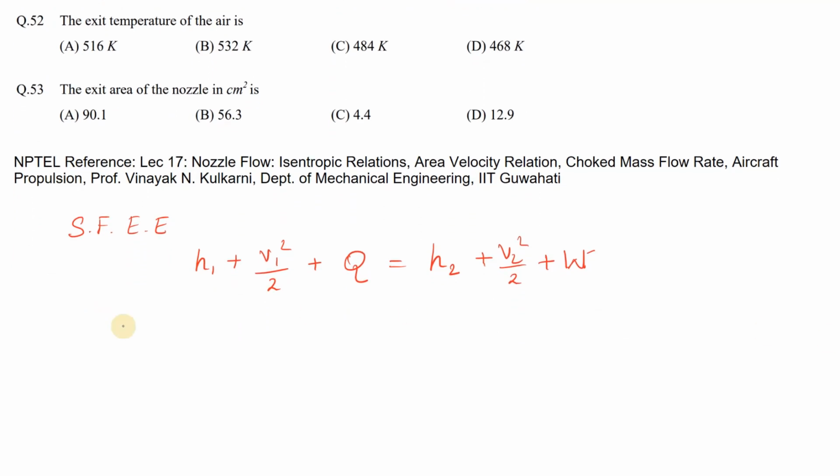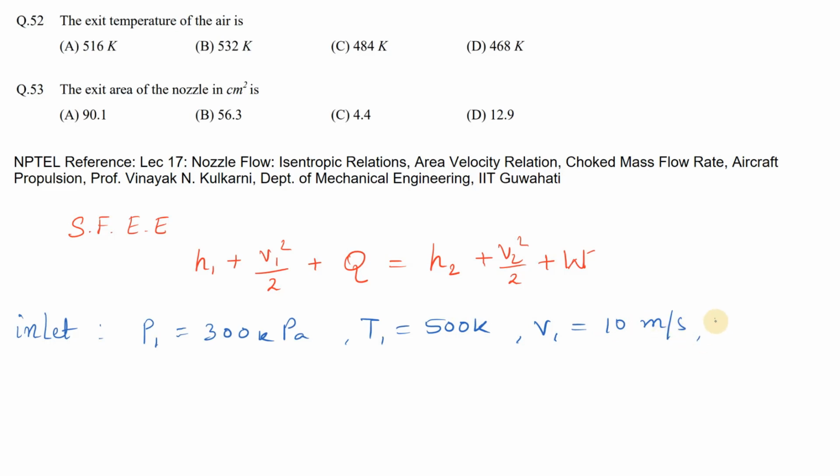Now the inlet and exit conditions are given, right? At inlet we have the pressure P1 equal to 300 kilopascal, temperature 500 Kelvin, and the velocity at inlet is 10 meter per second.